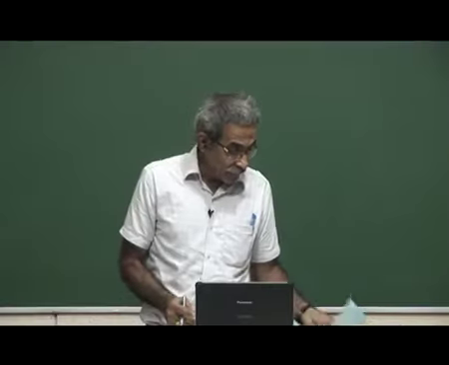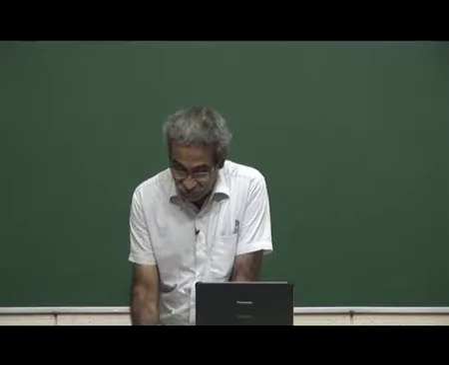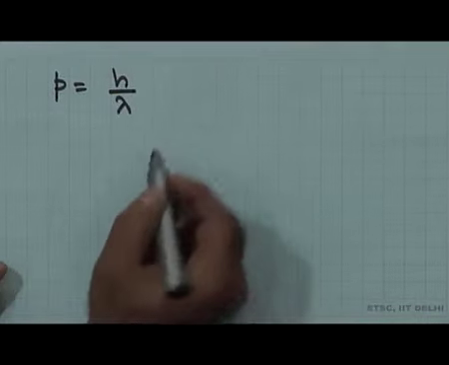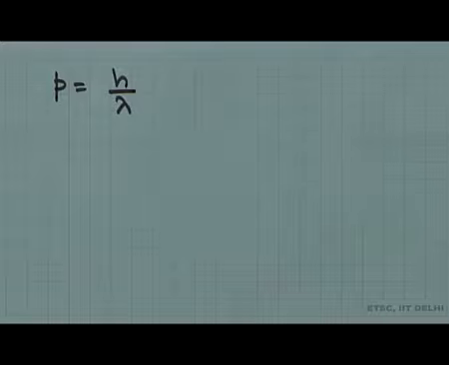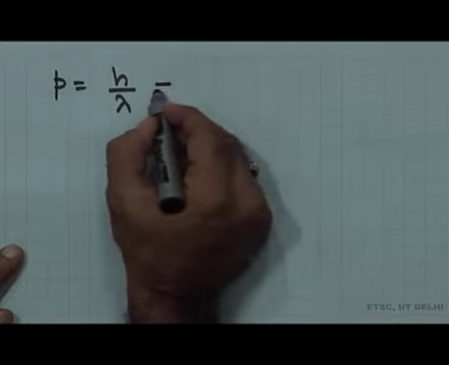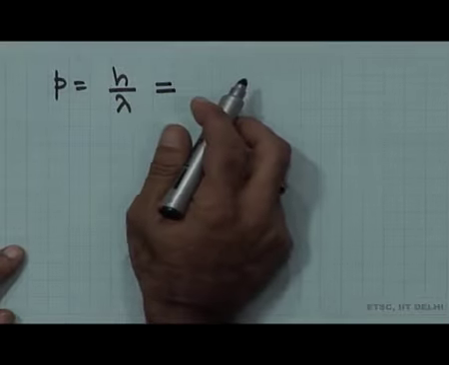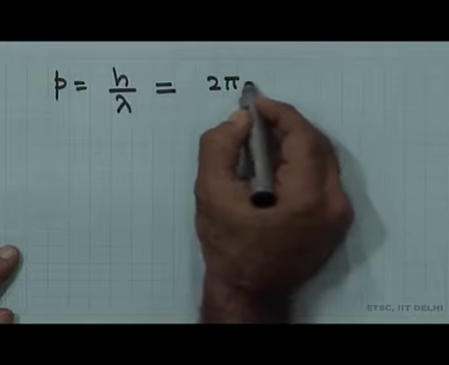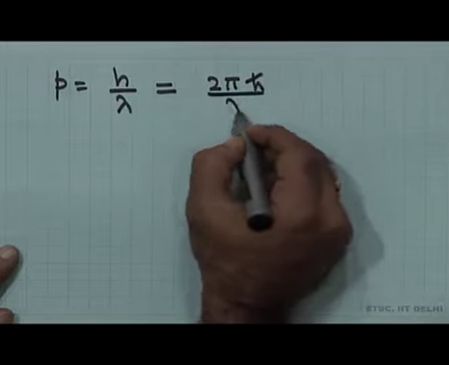In a similar manner, we wrote the relation p equals h by lambda. So what I am going to do now is to replace h by h bar. Remember, h bar is h by 2 pi. Therefore, h is 2 pi h bar, and p is 2 pi h bar by lambda.